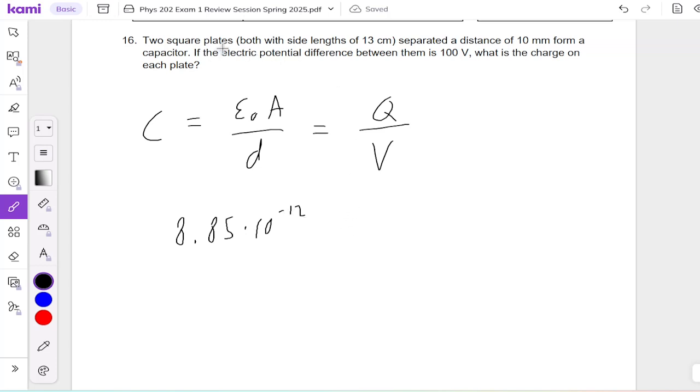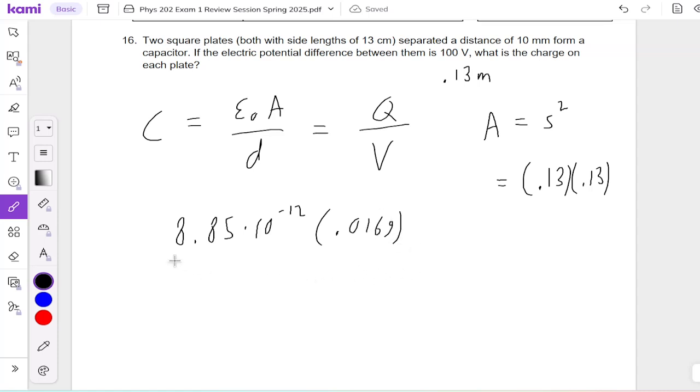Area: it's a square plate, both side lengths 13 centimeters. First thing you should do, convert to meters, 0.13 meters. And the area of a square is the side length squared. So 0.13 times 0.13 is going to give us 0.0169 for the area.